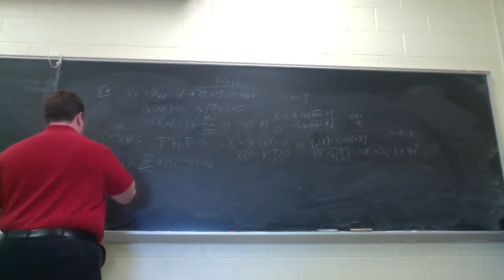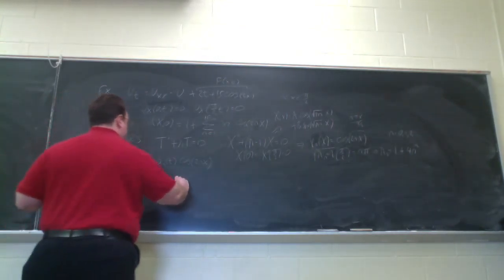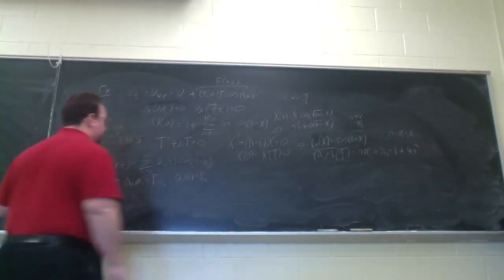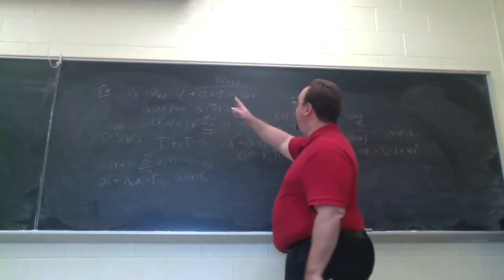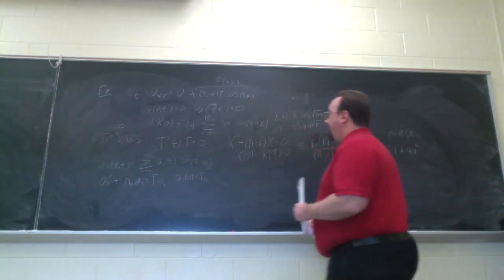So a n prime plus lambda n a n is equal to big Fn, and a n of 0 is equal to little fn. So these are the eigenfunction expansions of your source term and your initial data.